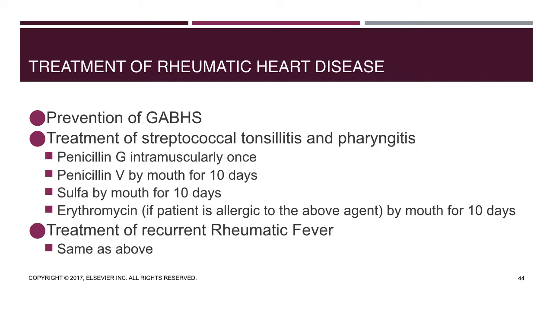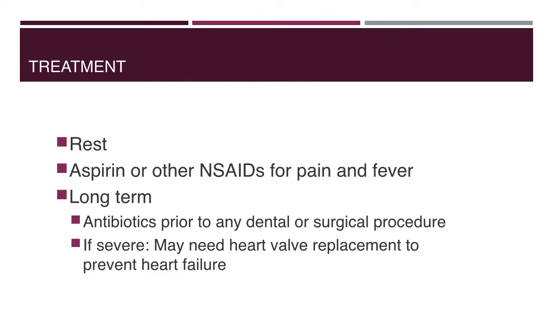Also, you want to make sure that if the person is having recurrent rheumatic fever, that they get the same type of treatment, either the penicillin G, the penicillin V, or the sulfa by mouth, or the erythromycin. The remainder of the treatment includes rest to help your body to recover, aspirin or other NSAIDs for pain and fever.